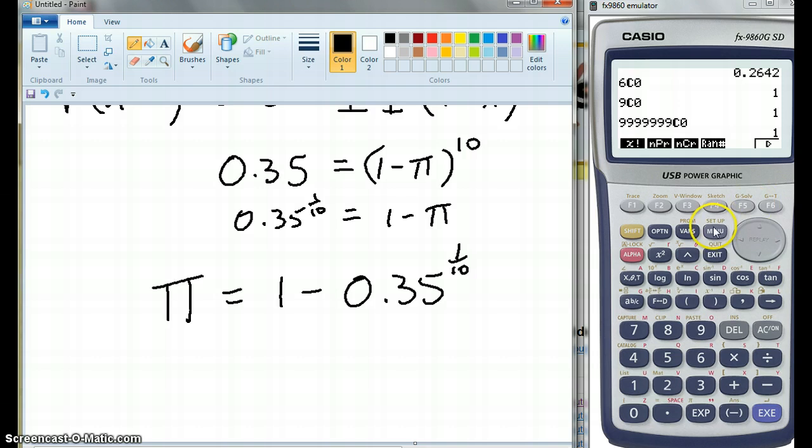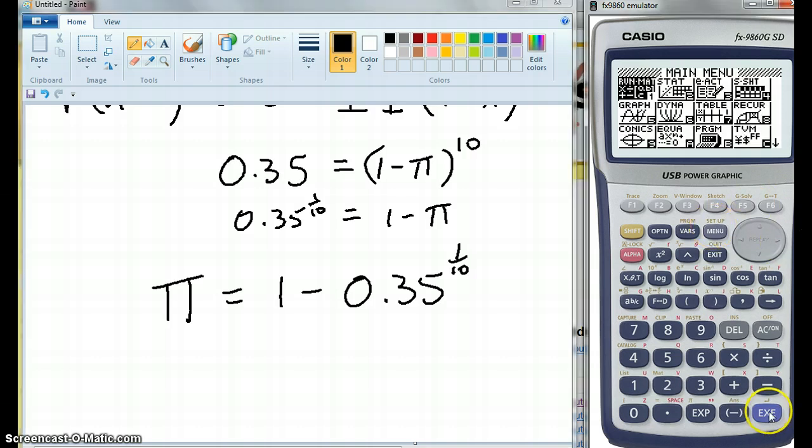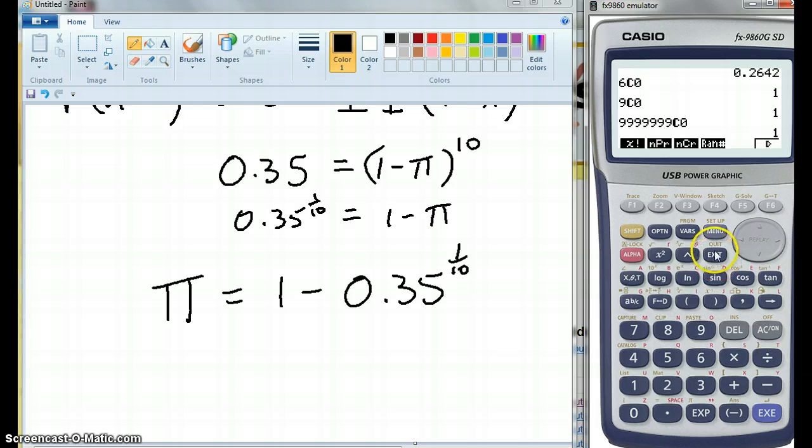So we can go menu, run, there we go, exit. Oh, that's what I was showing you before, that the 10C0 is in fact 1.